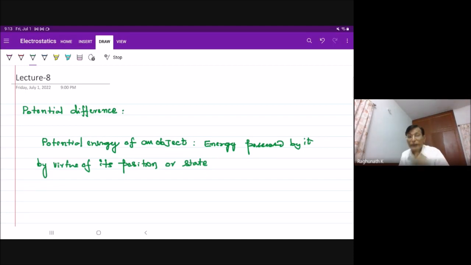It is very important for us to understand this for the sake of potential that we want in electrostatic fields. State is what?